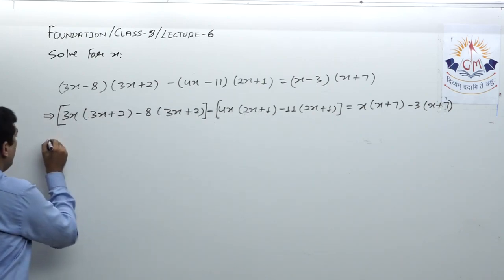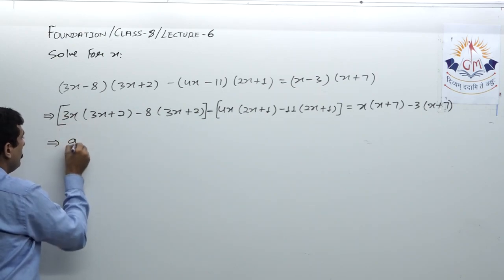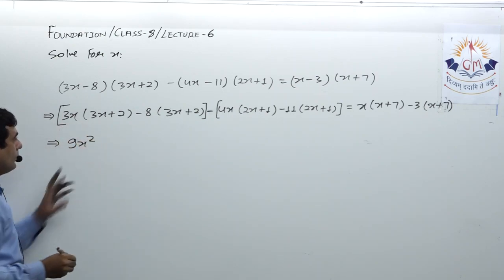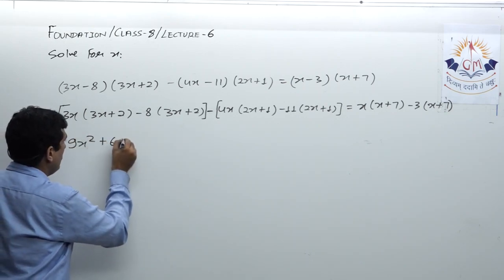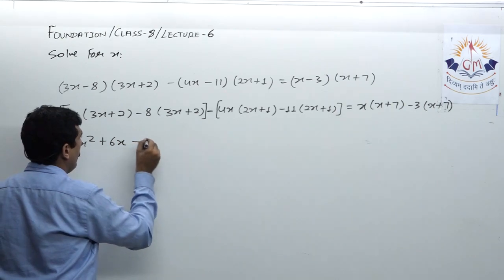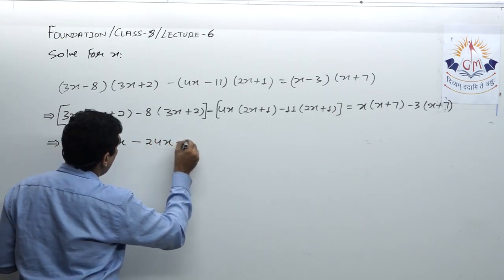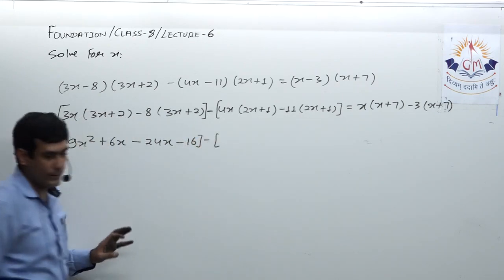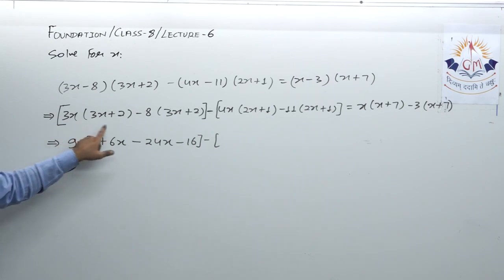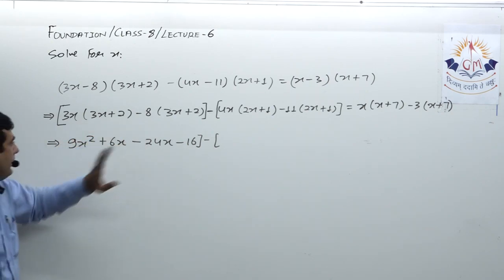Okay, now when we multiply these terms, what will we get? 3x into 3x, that is 9x square. Now 3x into 2x, that is plus 6x. Then minus 24x minus 16. This is the quantity in the first bracket: 9x square plus 6x minus 24x minus 16.